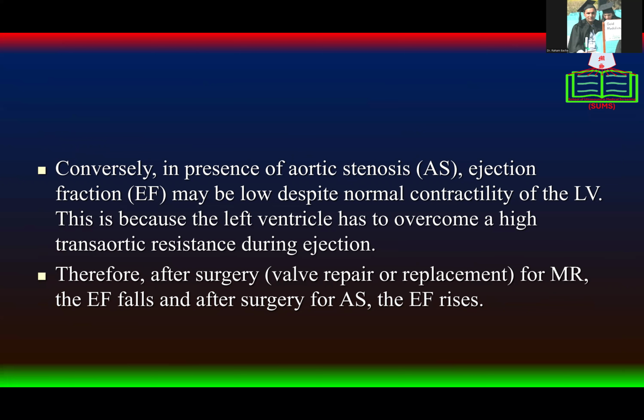This is because the left ventricle has to overcome a high transaortic resistance during ejection. Therefore, after surgery, valve repair or replacement for mitral regurgitation, the ejection fraction falls, and after surgery for aortic stenosis, the ejection fraction rises.